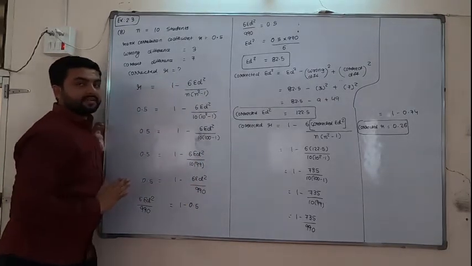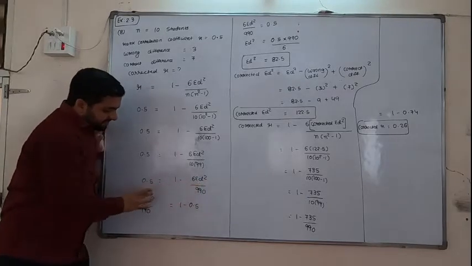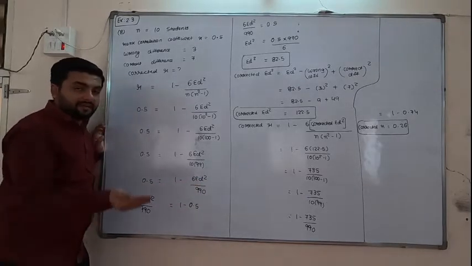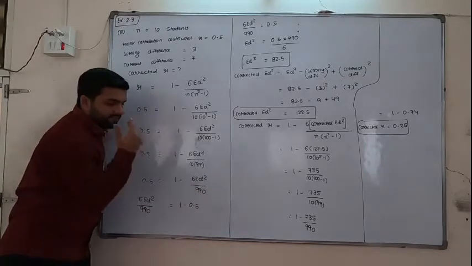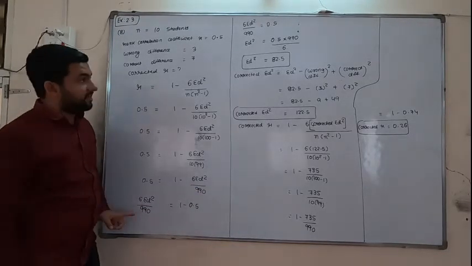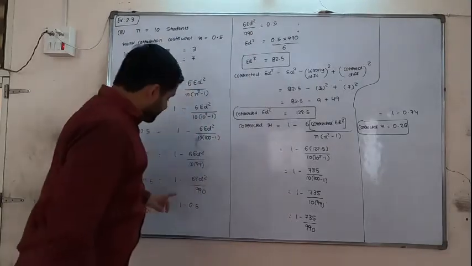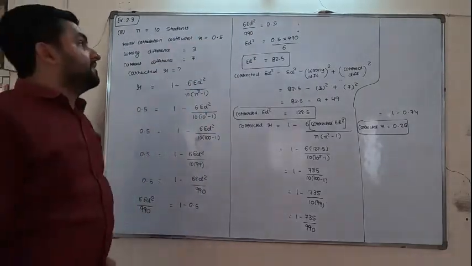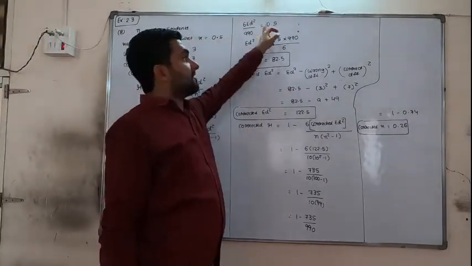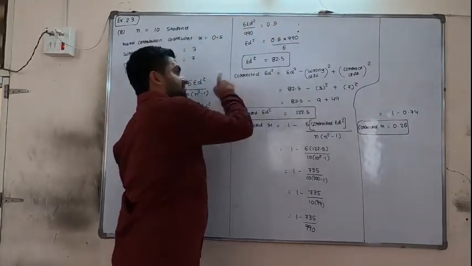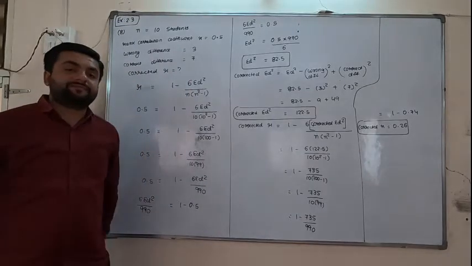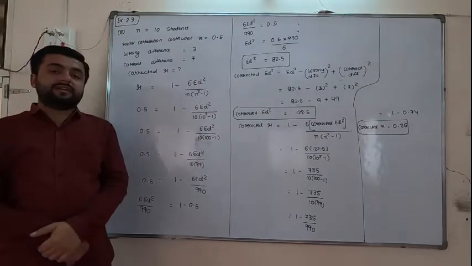After solving till here, this minus term is transferred to the other side and this 0.5 will go to that side, so it will become minus. So this term is equal to 0.5 because 1 minus 0.5 is 0.5. Now as this is in division, make it multiplication. As this is in multiplication, divide it. So sigma d square is 82.5. Now we can do the corrections.